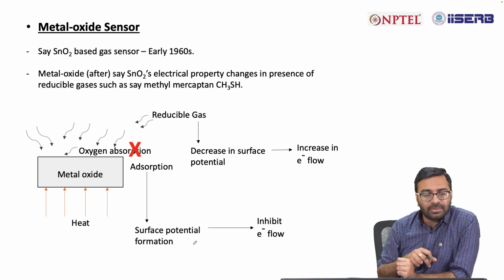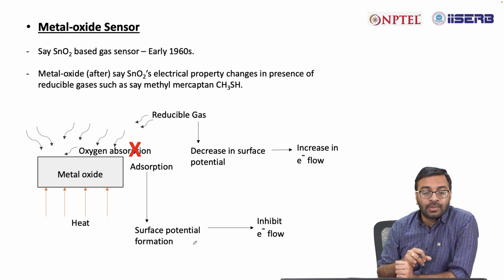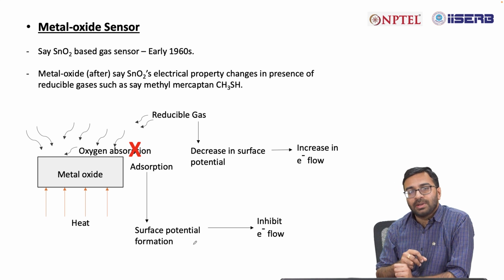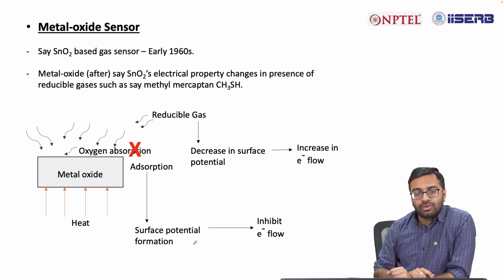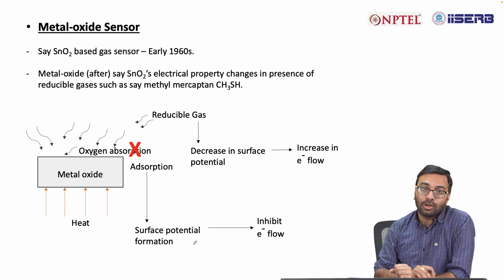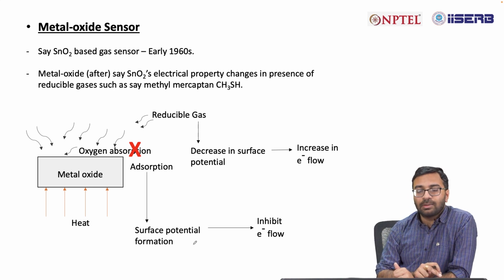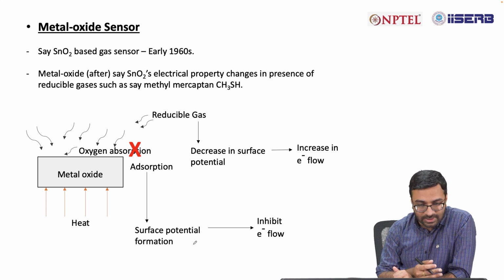Now let us take an example, which is a very basic example of a gas sensor. Usually for a gas sensing application, people use metal oxides. So in this case, we will take an example of a metal oxide gas sensor to be specific. The metal oxide you may choose in this case is, say, SnO2, that is tin oxide, and the metal oxide's electrical property changes in presence of reducible gases.